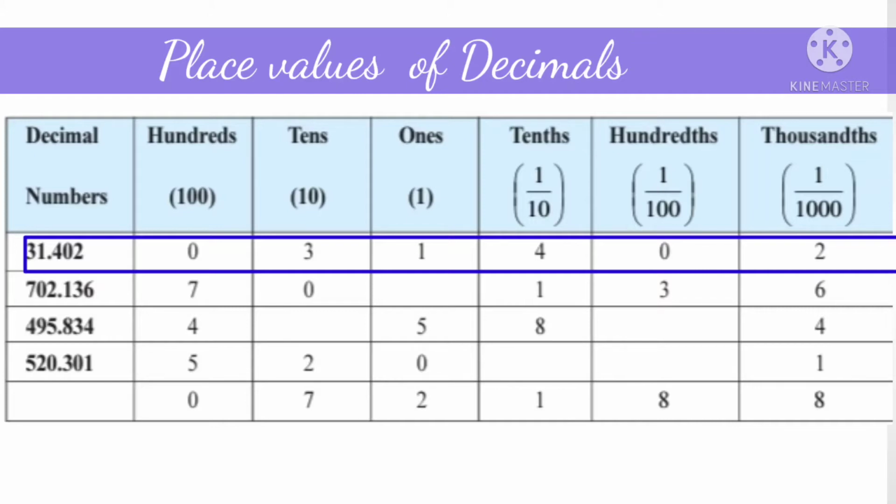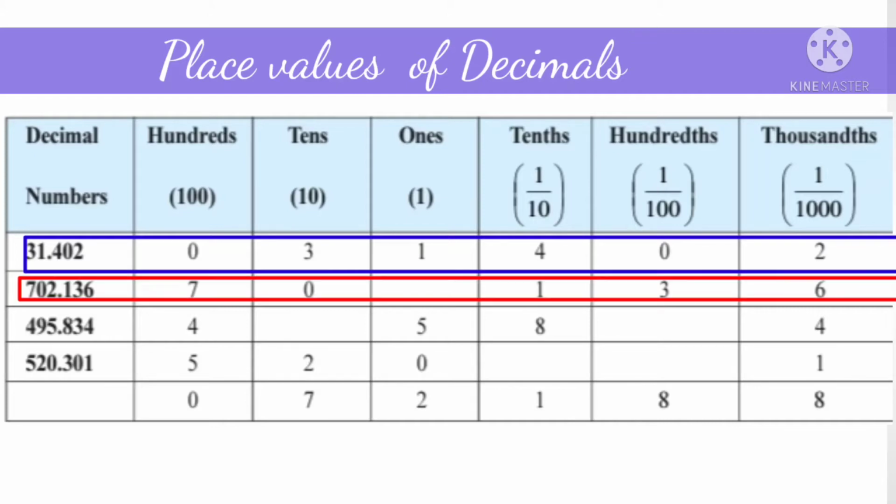Now the place value of 1 is ones place and 3 is in tens place. On the right side of the decimal point, 4 has place value 1 by 10. 0 is in the 1 by 100 place, and 2 is in the 1 by 1000 place.